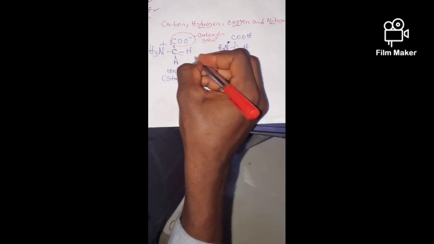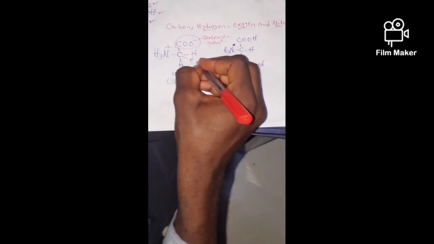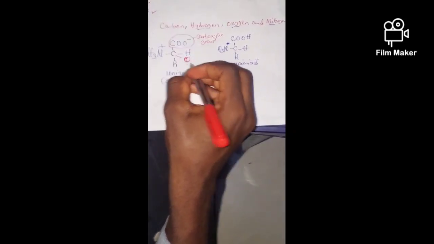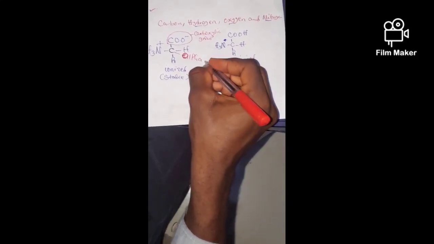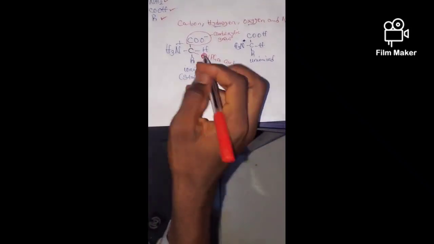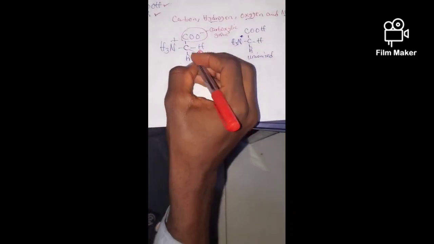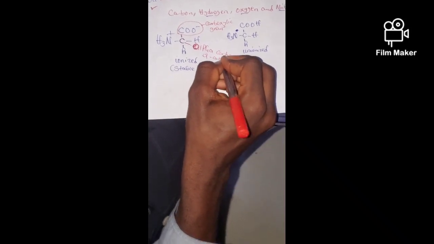The second carbon atom is called the alpha carbon. Let me write it in words. Alpha carbon. All right. What do I say so far? I say the first carbon atom is the carboxylic group. This is the carboxylic part, and the second carbon atom is known as the alpha carbon.